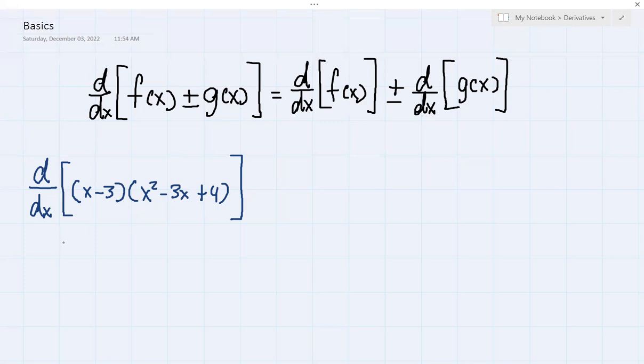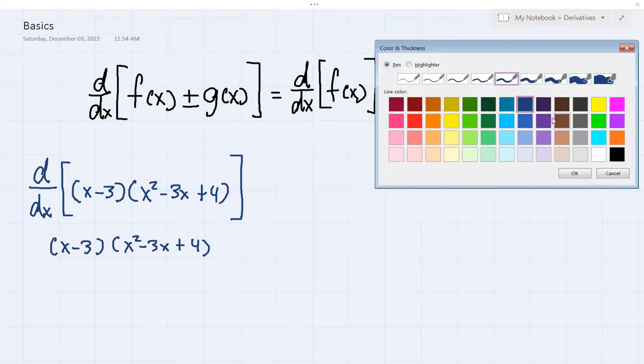So in here, first, let's have this one muna. X minus 3, tapos x squared minus 3x plus 4. So ito gagawin natin. So we will manually distribute. Manually. Okay?